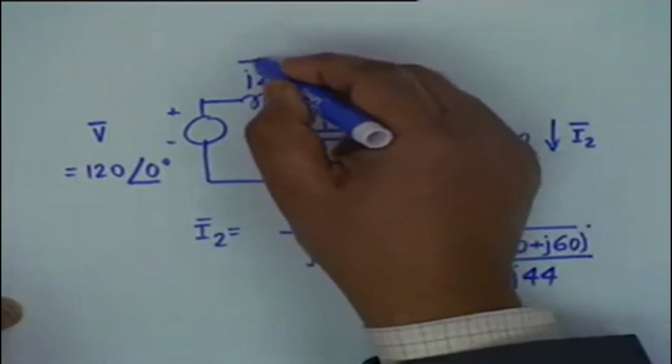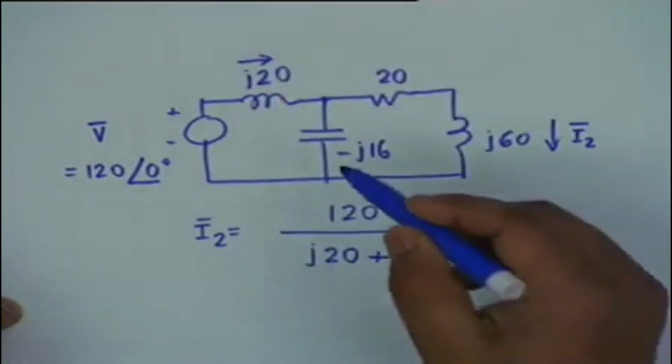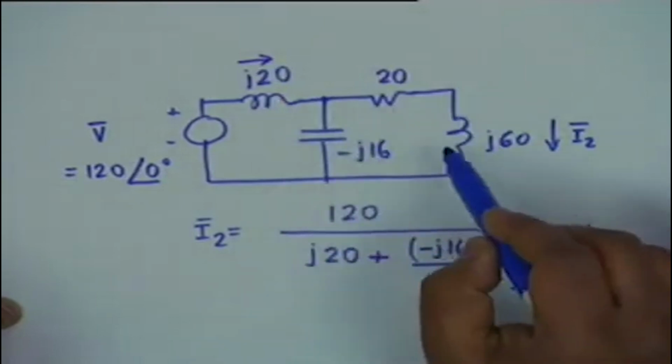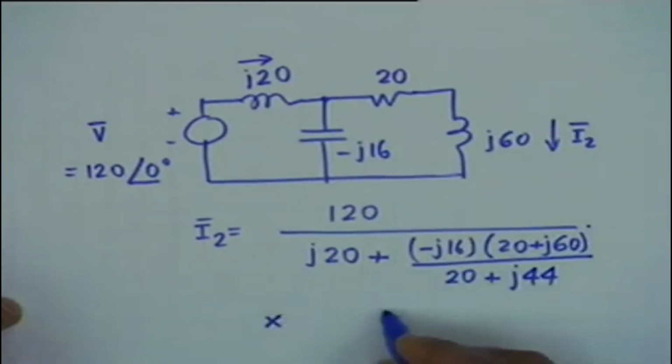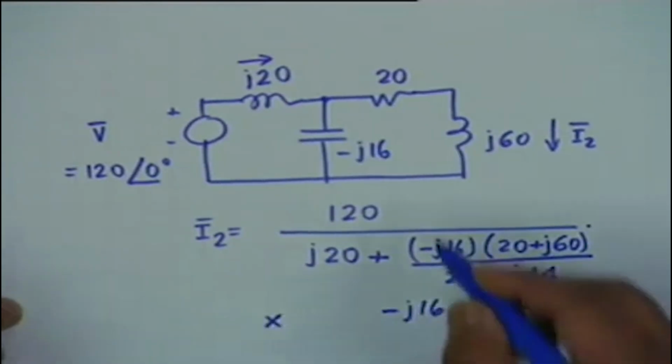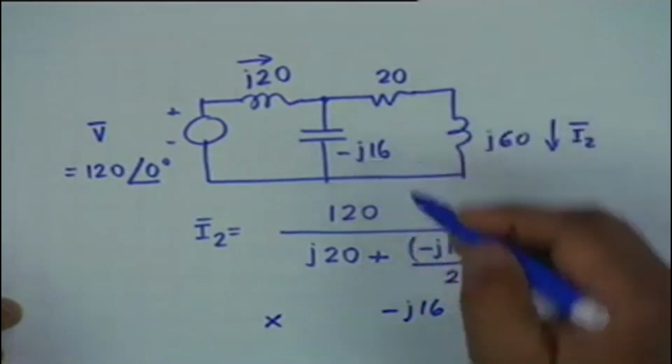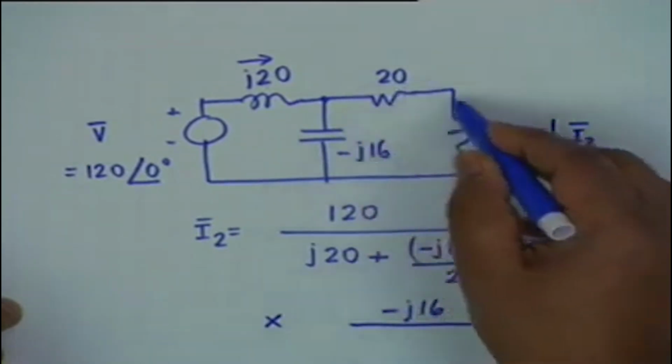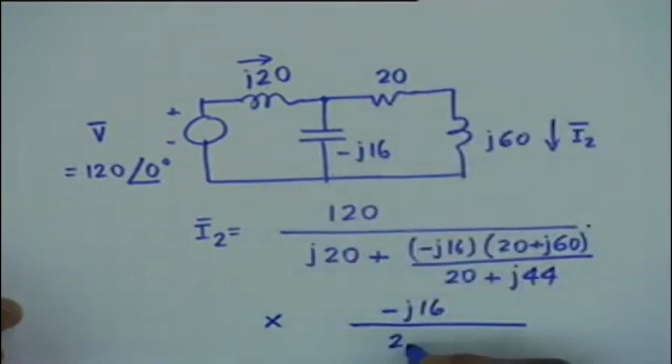Multiplied by, this is the total current phasor, then it makes a division between two branches, and therefore this shall be multiplied by minus j16, the impedance of the other branch, divided by the total of these impedances, which is 20 plus j44. All right, this you can write down by inspection.